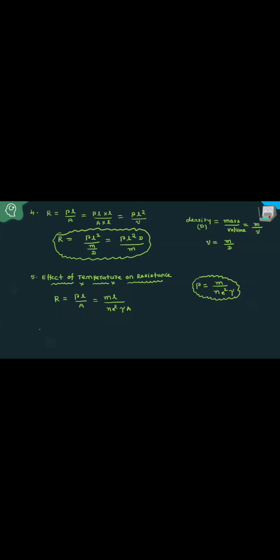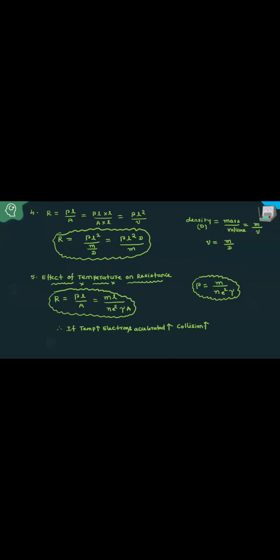We know that in a conductor, if temperature increases, the electrons are accelerated. When the electrons are accelerated, the acceleration increases, so there is a collision of the electrons.